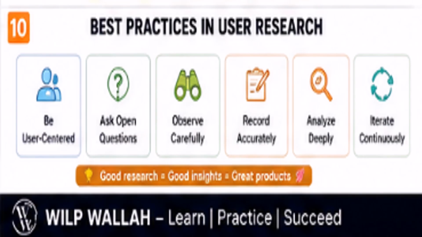Most importantly, continuously iterate and improve based on user feedback. Following these practices leads to more reliable research findings and better product designs. Good research, good insights, which result in great products.